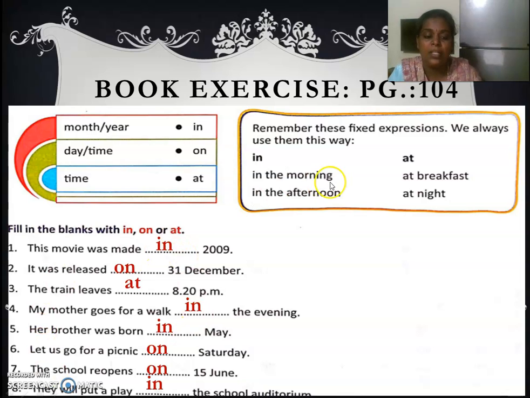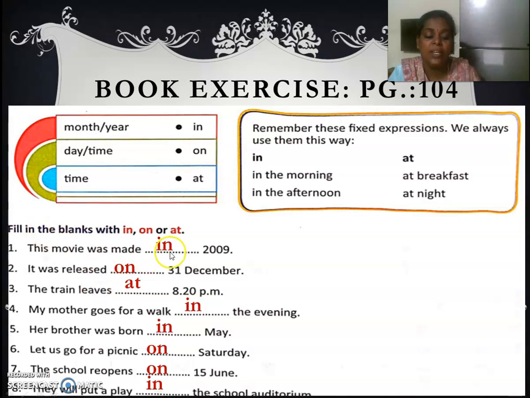Now I think you all will be okay with using in, on and at. A preposition is used when we are relating a subject with something else, like a place or a time. When we are relating, we use a preposition between them.